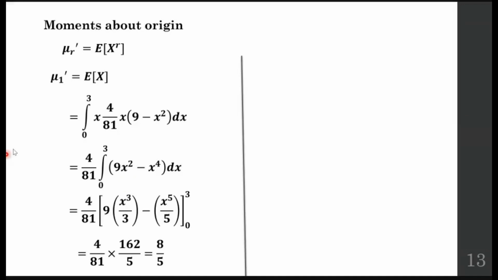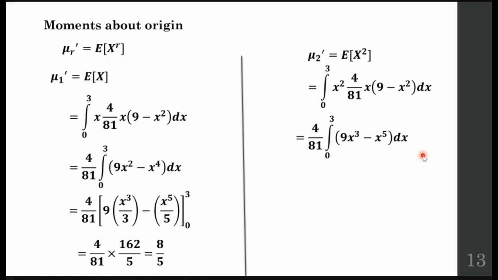What will mu2 dash be? E of x square, so integration of x square into f of x. Next comes mu2 dash, which is x square into f of x. Again we take 4/81 common outside, take x cube inside, and integrate again: 4/81 into 9x cube minus x raised to 5 dx.